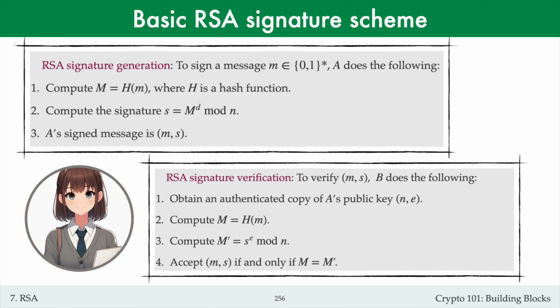Observe that Alice's signature S is the unique eth root of the hash value of the message modulo n. Alice can compute these eth roots since Alice knows d. Thus, S to the power e modulo n should be capital M. And then if Alice indeed signed m to get S, then M prime should equal M, and Bob will accept the signed message.